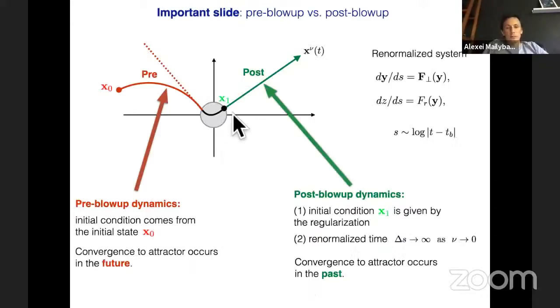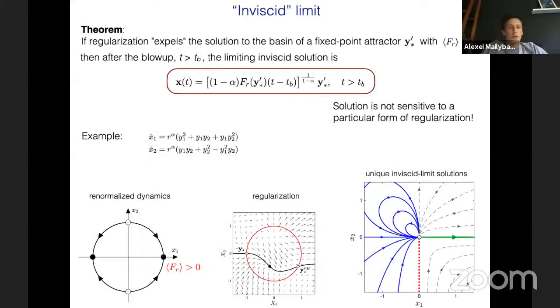It means that not only is the initial condition sent to the past, but also all the process of convergence to the attractor is not what you see, but what already happened before. So whatever finite time you consider after blow-up, in the limit of nu going to zero, your initial condition is at minus infinity, and all the convergence to the attractor happened at minus infinity. So this happened in the past, and this allows us to prove the convergence in the theorem.